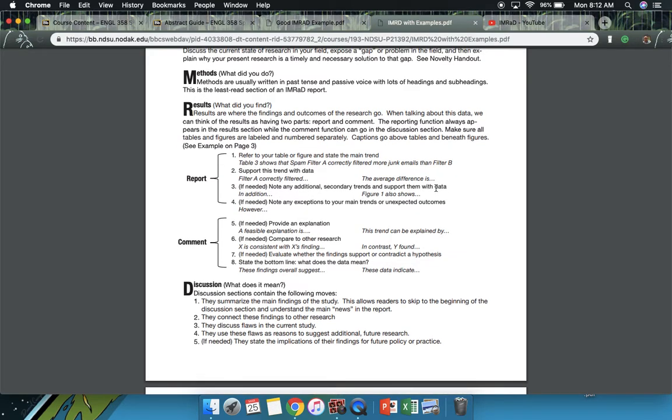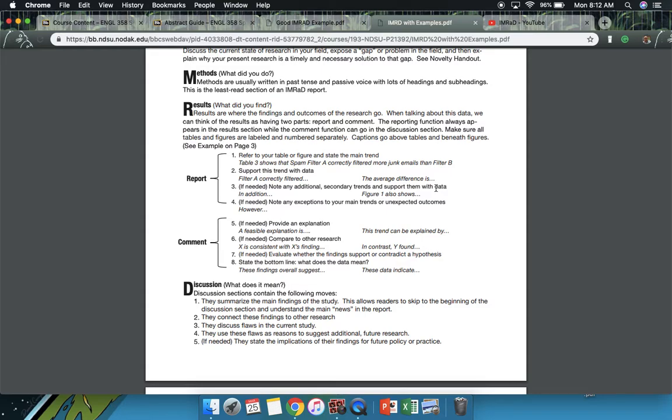Methods. Methods are usually written in the past tense, that is, I did this or I did that, right? I measured the amount of tadpoles in a given pond. Yeah? You want to be specific about what kinds of methods you're using, right?